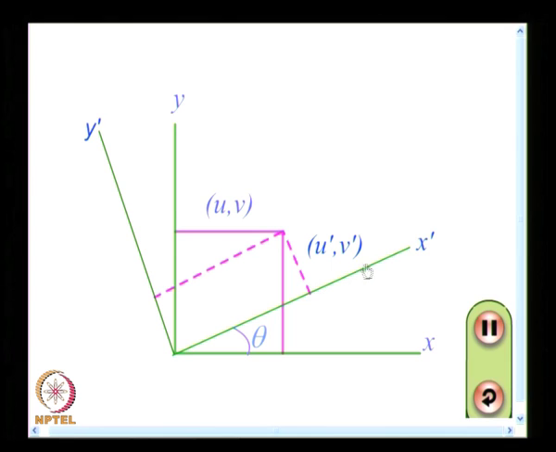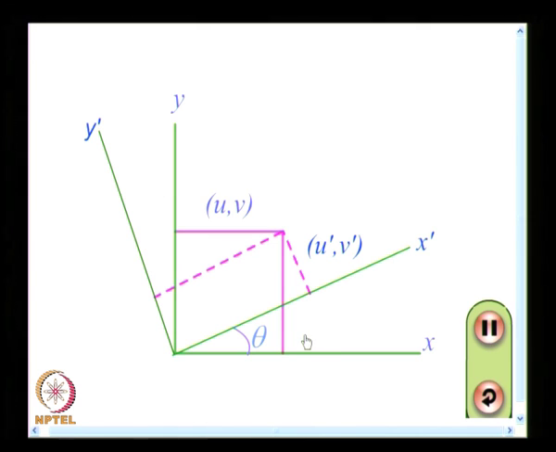I have this as the x prime axis, and I have the y prime axis which is perpendicular to this. So, the transformation is simply obtained by finding out the expression for u prime and v prime from simple geometry. That is all you need.